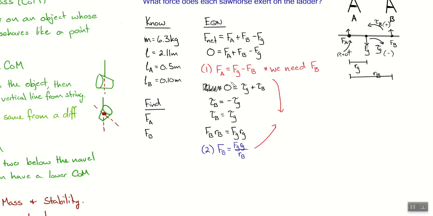I can now rewrite the force of A. By using this substitution, the force at A is just the force of gravity minus, and instead of writing this FB, I'm going to write this one since we just found out what it's equal to. So here we go: force of gravity, radius of gravity over the radius of Bravo. Okay, we have an awesome expression here.